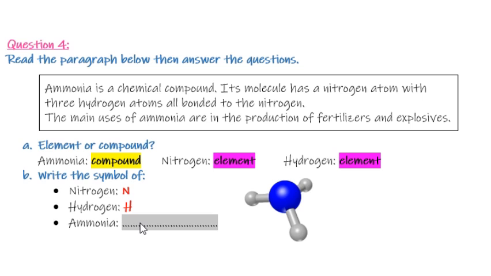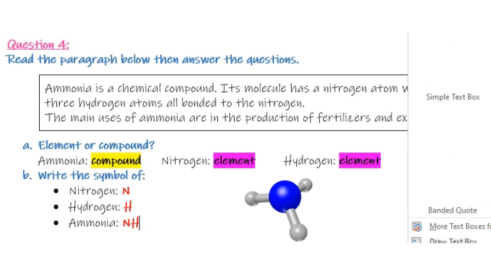So the symbol of ammonia must contain the symbol of nitrogen and also the symbol of hydrogen, right? But since it has three atoms of hydrogen, this should mean that we have to write 3 next to the symbol of hydrogen. Okay? Let me add it this way.